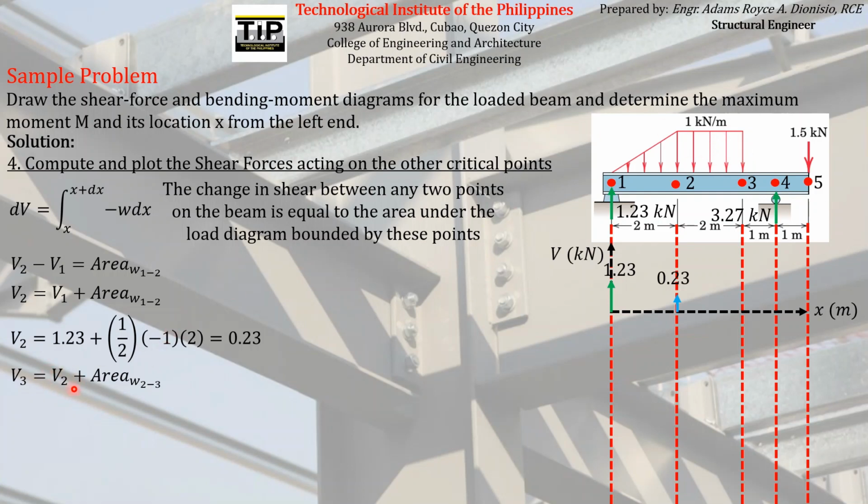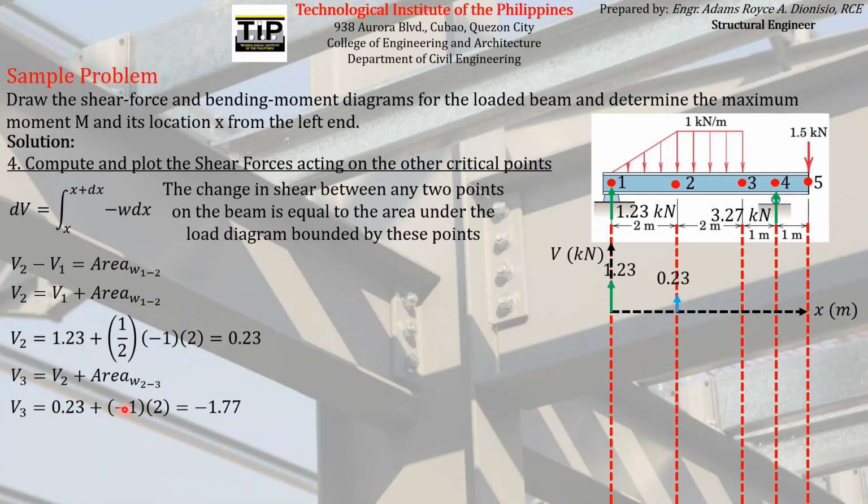Since we already found the value of V2, which is 0.23, we can just add that to the area under the load diagram between point 2 and point 3, which is just a rectangle with area base times height. So substituting those here, we will have a result of negative 1.77.